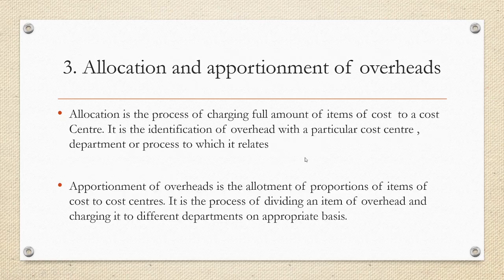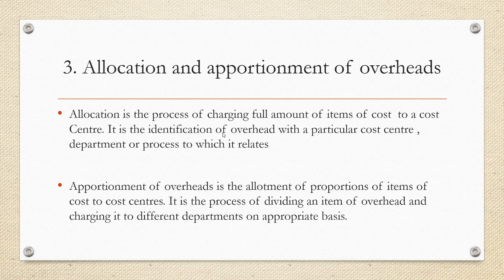And so what we do here is the allocation. We call it the allocation and apportionment of overheads. We see what it is. Allocation is the process of charging the full amount of items of cost to a cost center. It is the identification of overhead with a particular cost center, department or process to which it relates. For example, in an organization there is one production department and one service department, and the production department carries on the manufacturing activities and the service department is the timekeeping department which provides service to the manufacturing department.